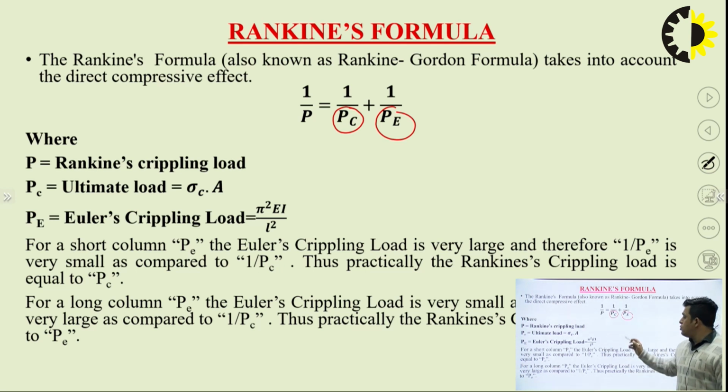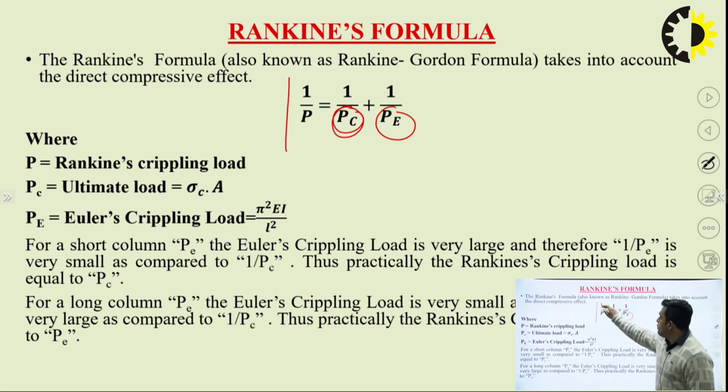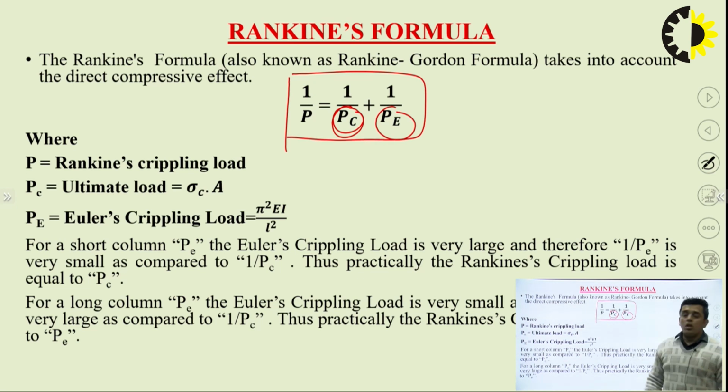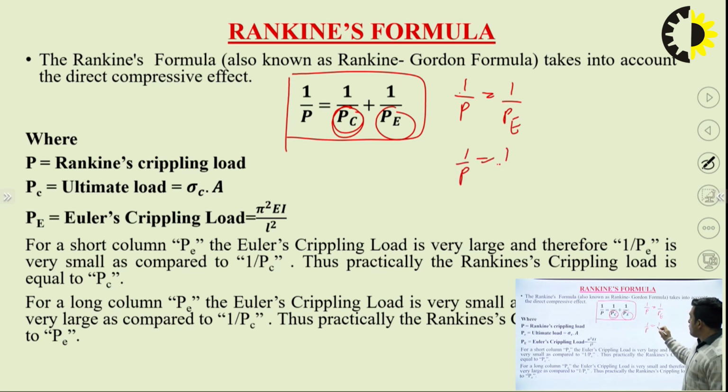So if you take this load also into account, then the total load will be represented by crushing load plus Euler's load. So the equation will become like this: total load in the system was previously 1 by P_E, but now 1 by P, because we know the column can also fail due to crushing, it will be like this.